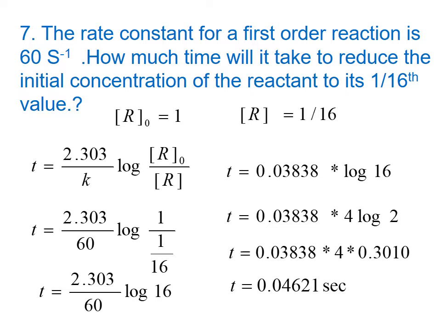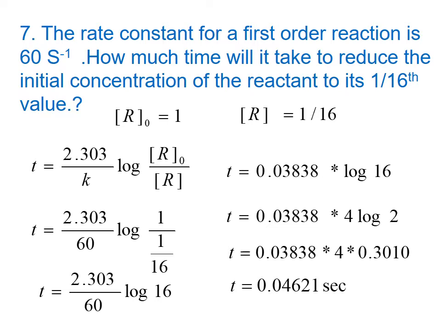The same calculation we can do one more way. Instead of 1, we can take the initial concentration as R0. Then what about R? 1 by 16th of initial concentration means R is equal to R0 by 16.